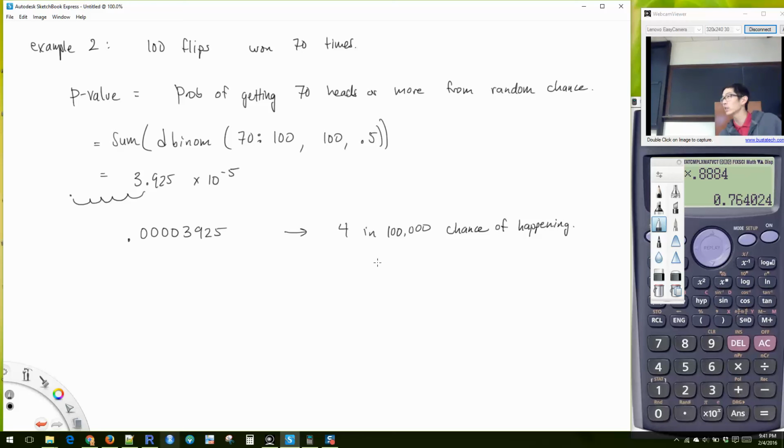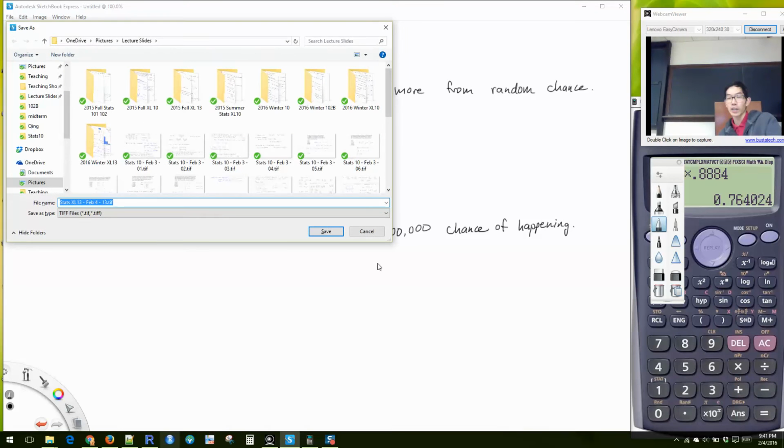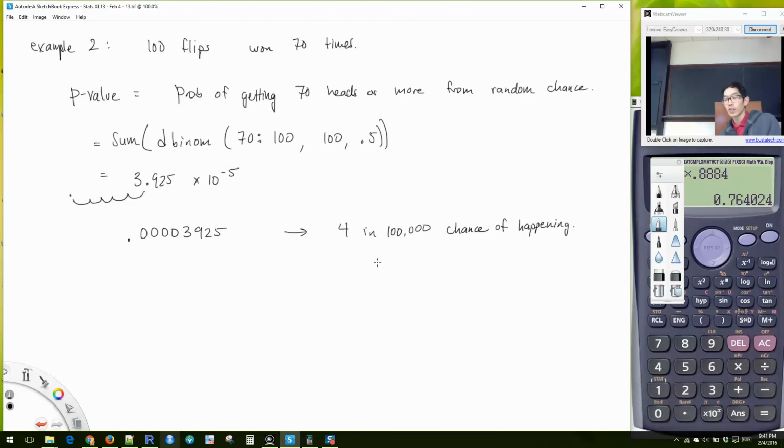testing. Okay. We set up a pair of hypotheses, the null and the alternative, and then we ask, what is the probability of getting the data that I have if we assumed that the null hypothesis is true? Okay, and so all of our calculations are based under the assumption that the null hypothesis is true.